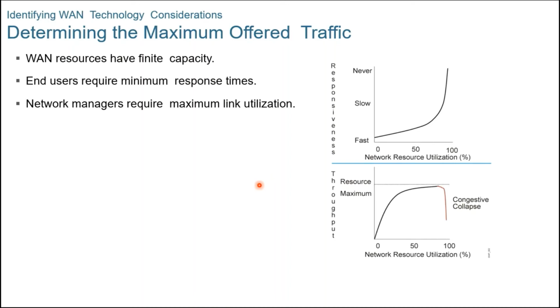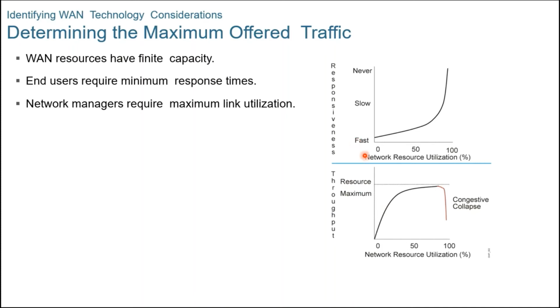Users perceive the data processing experience in terms of how quickly they can get their screen to update. They view data processing in terms of response time and do not actually care about link utilization. The graph here illustrates the response time and link utilization relative to offered traffic.